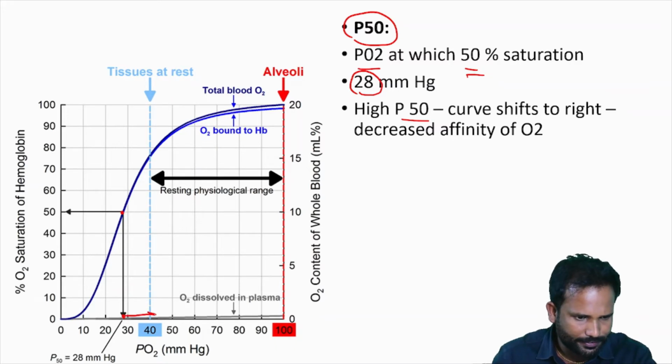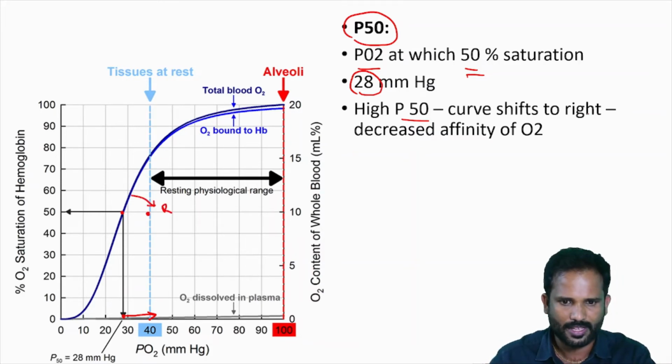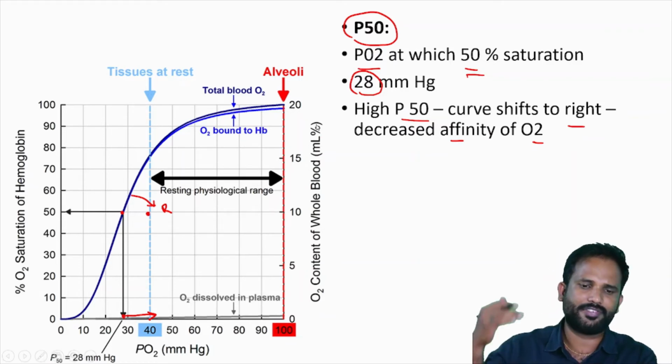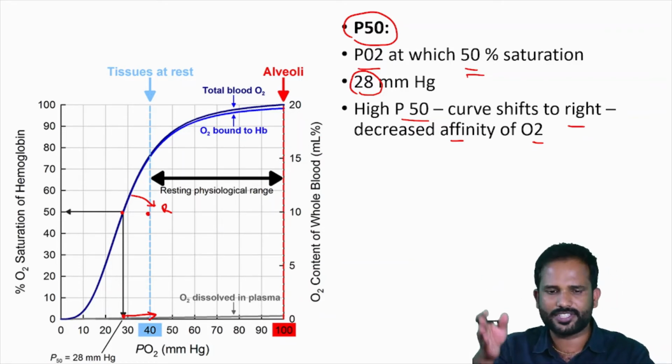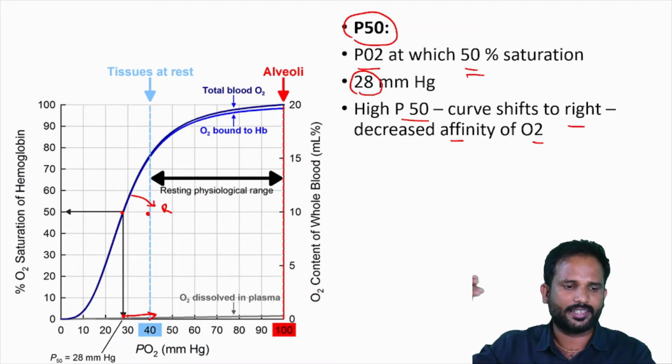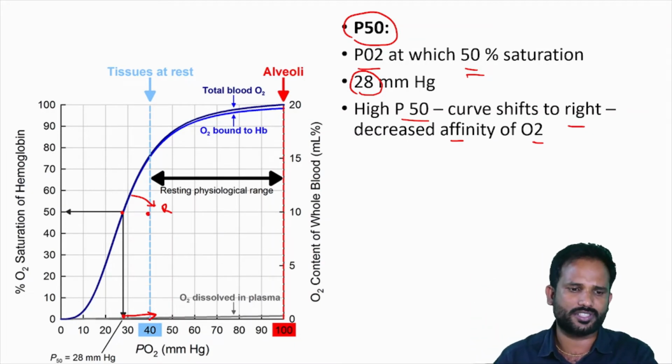If P50 is increased, let us think that it was around 40, this curve is now shifted towards the right, and that causes unloading of oxygen or decreased affinity of oxygen. So if P50 is increased, it indicates the curve is shifted to the right, and it indicates unloading of oxygen.